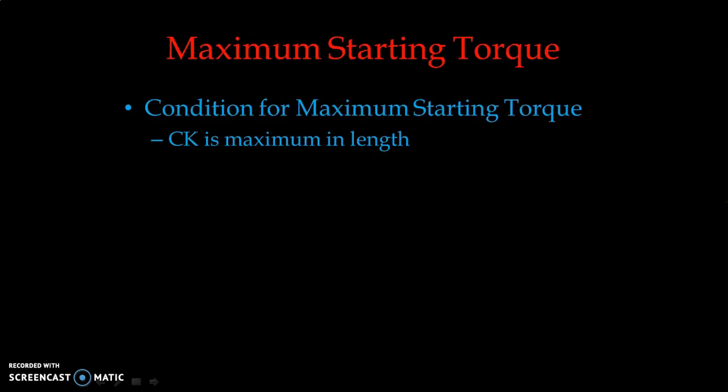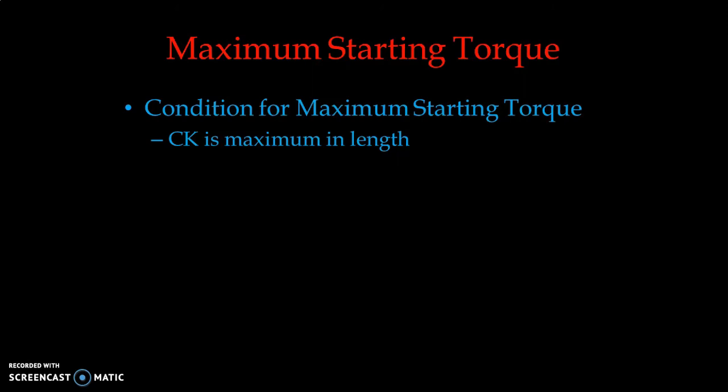Now maximum starting torque. For maximum starting torque, we have a condition that CK should be maximum in length. Now CK, we know, is our starting torque for the values we have selected for the starting winding.